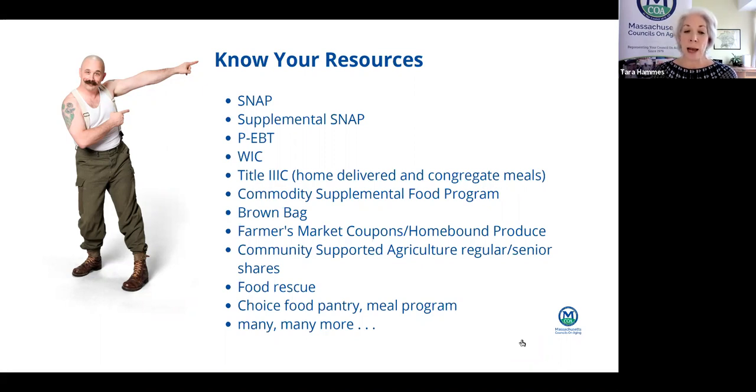You can ask your local assistance office in Massachusetts, it's the Department of Transitional Assistance. They've given me reports of what the average dollar amount for an older adult who is single, living alone, would receive each month by city and town in the state.